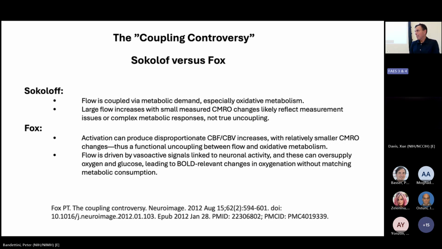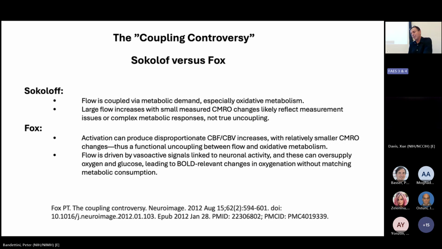I remember coming here when I was first applying for my job, or maybe when I first arrived, and he got up and challenged me on why I think that fMRI is meaningful. He basically said, how do you know that that's not just vessel squeezing or some other thing? Why is it oxidation increase?